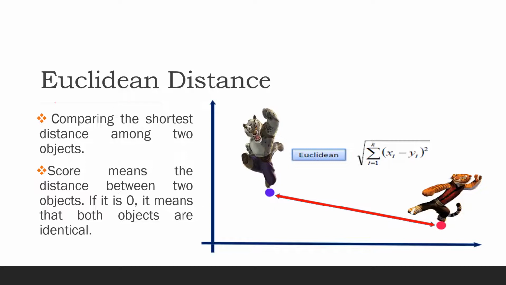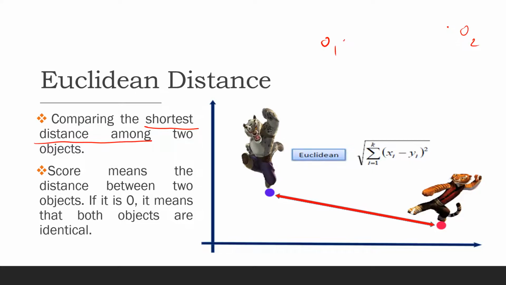One of the important distance calculation mechanisms is Euclidean distance. Did you hear about Euclidean distance? Euclidean distance means the shortest distance between two objects. Let's say we have object 1 here and object 2 here.